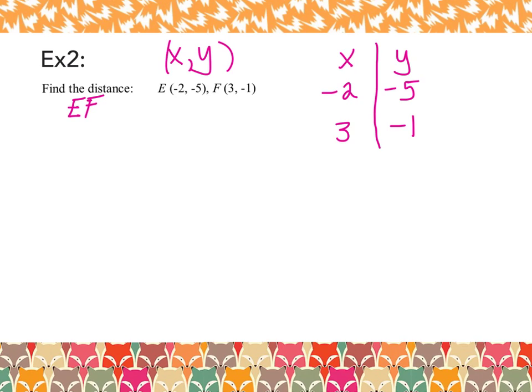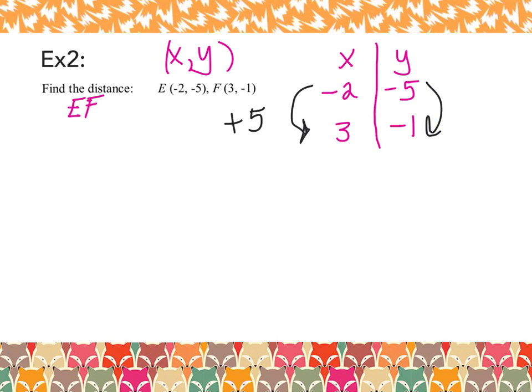So what I would ask myself is, from -2 to the number +3, is that an increase or a decrease, and by how much? From -2 to +3, that's an increase of 5. So I'm going to write out here +5. Then on the Y side, we'll do the same thing.